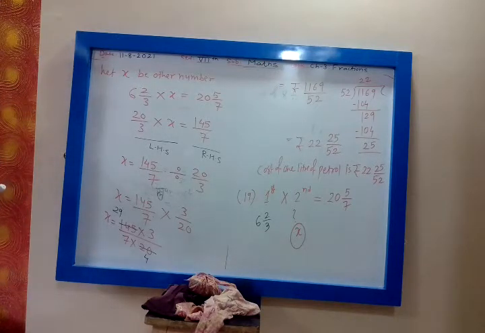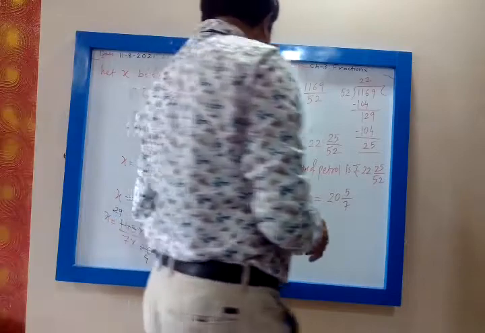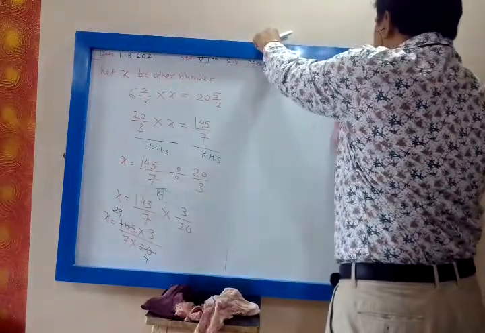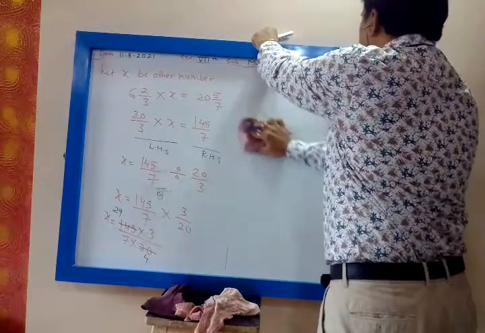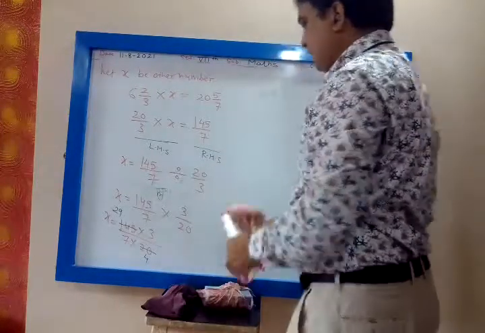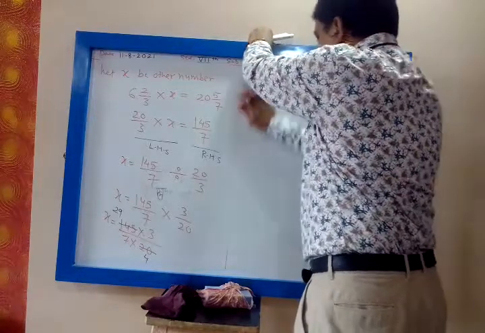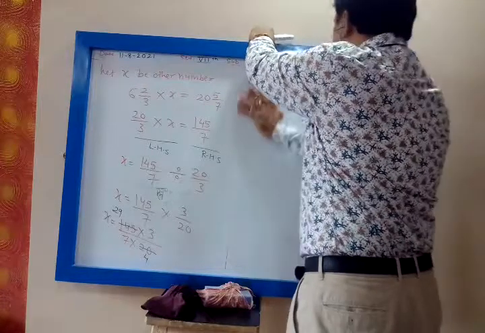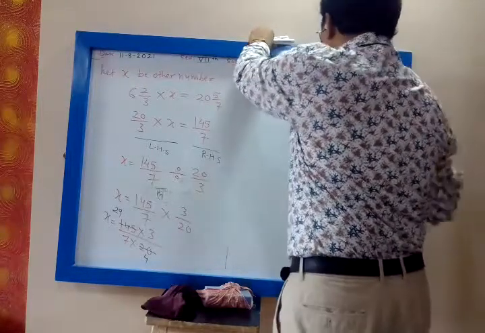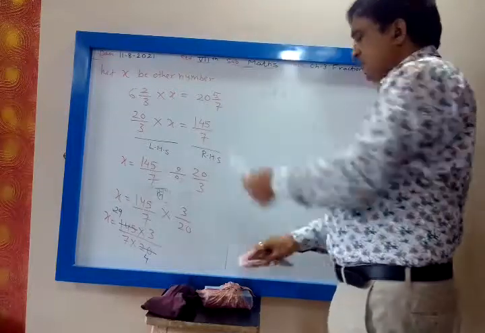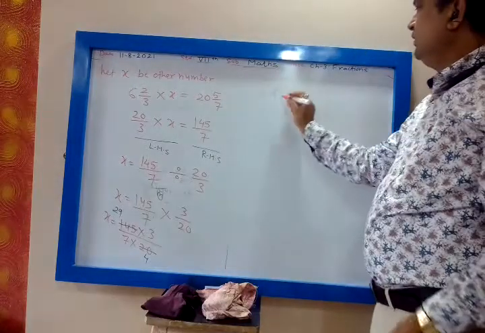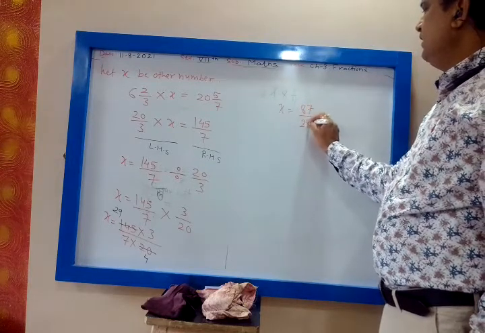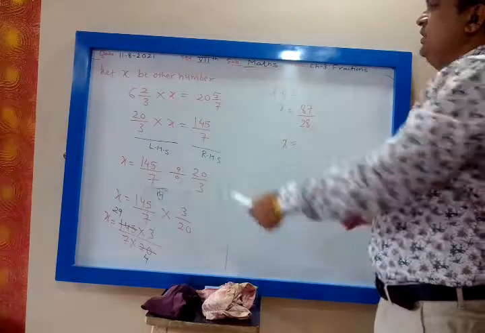So 29 into 3 upon 7 into 4. x is 87 by 28. Now convert that into a mixed fraction, because in the question a mixed fraction is given.